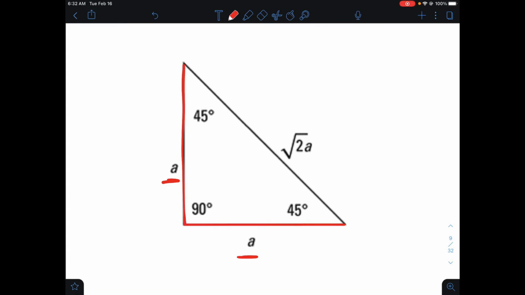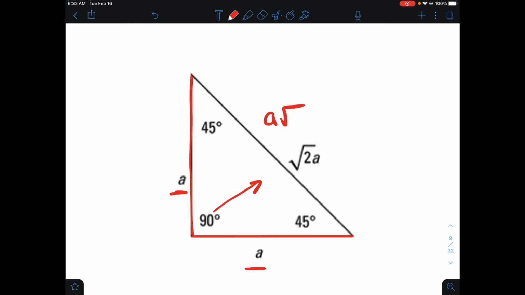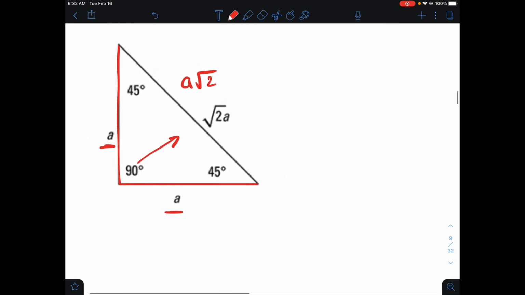So I always tell people the legs make an L, all right? And then the hypotenuse is the guy right across from the 90-degree angle. Once you find the legs, you can find the hypotenuse, because the hypotenuse is going to be your leg times root 2. Now, if you're given the hypotenuse, you can get to the legs as well.